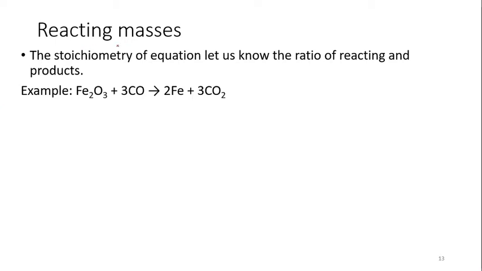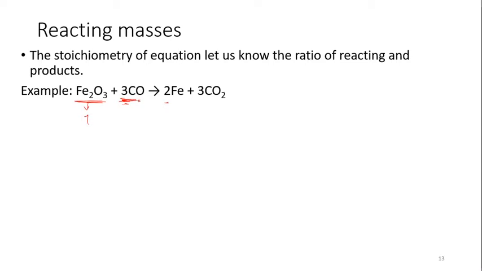Now if I wanted to know the reacting masses, we do have what is called stoichiometry of the equation. This stoichiometry of the equation lets us know the ratio of the reacting compounds and the products. This stoichiometry tells us how many moles are involved in the chemical reaction. If I look at this example, it says here that I have 1 mole of iron oxide against 3 moles of carbon monoxide.